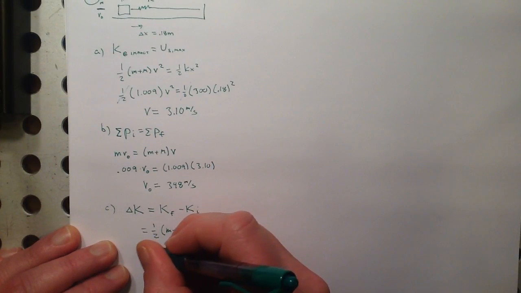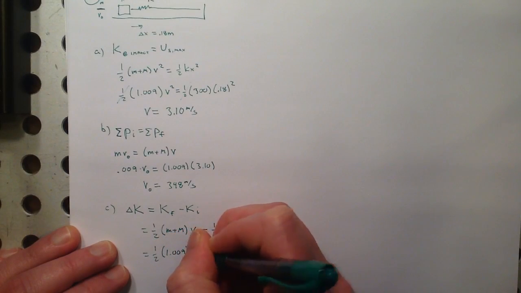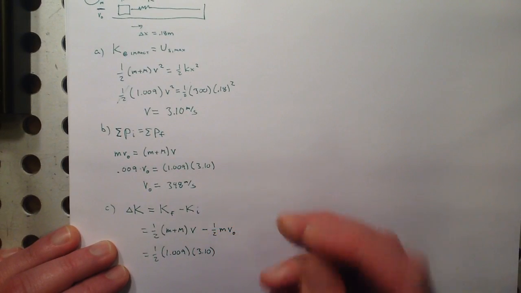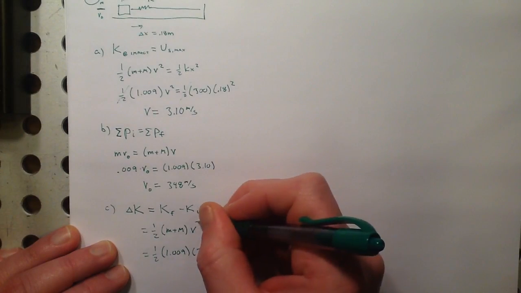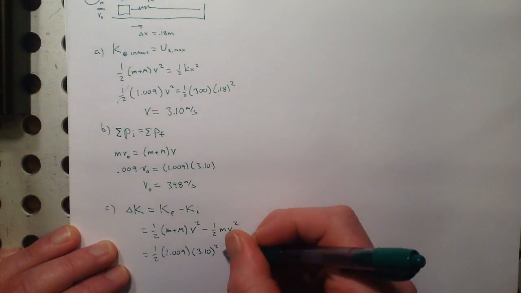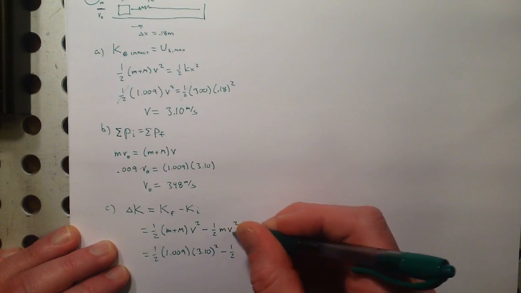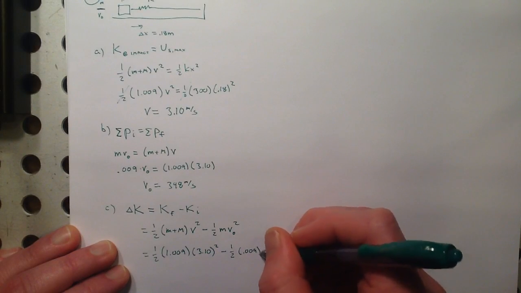So we'll crank that out. It's 1/2 times 1.009 times the velocity we found in part A, squared, sorry, oops, minus 1/2 the mass of the bullet times its velocity.